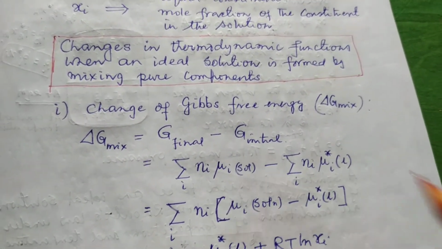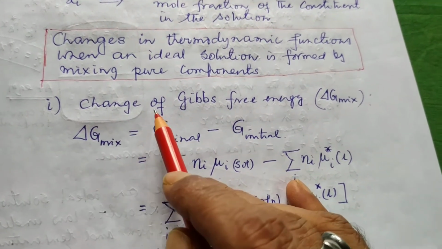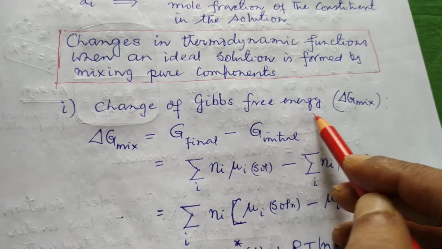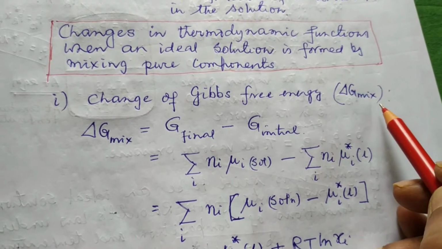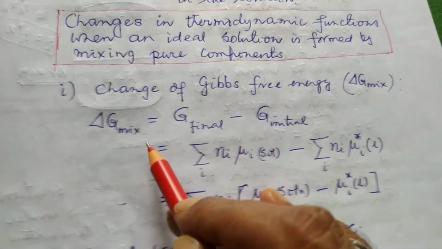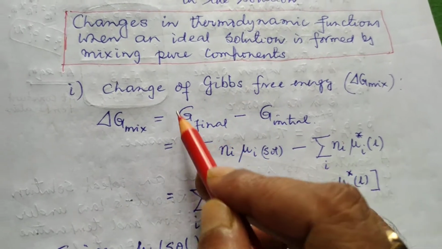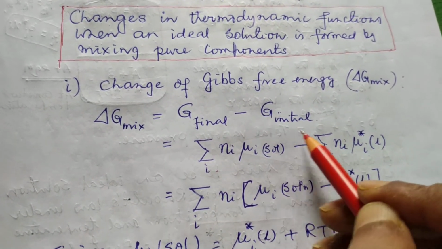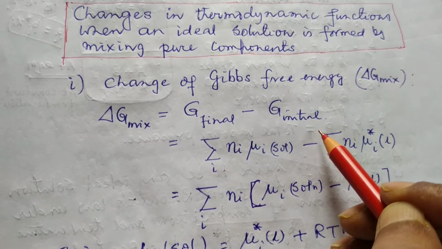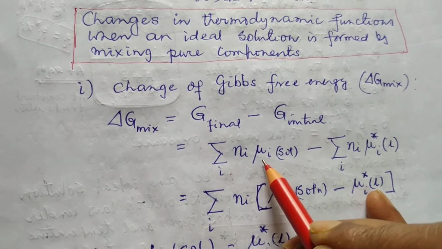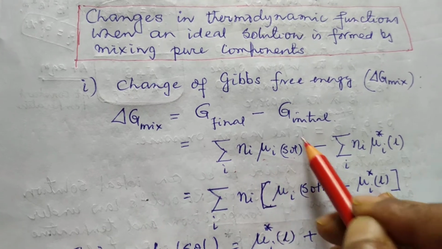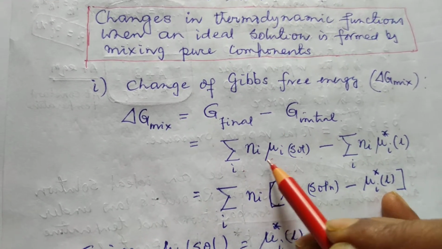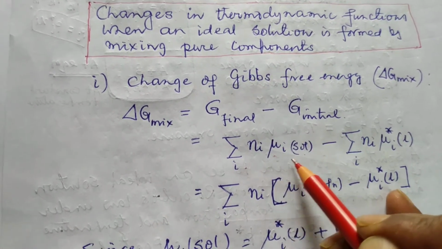First of all, we will discuss the change of Gibbs free energy, that is delta G mix. Now delta G mix equals G final minus G initial. Now what is this? This is the chemical potential of the solution, the sum of the chemical potentials of the constituents in the solution.